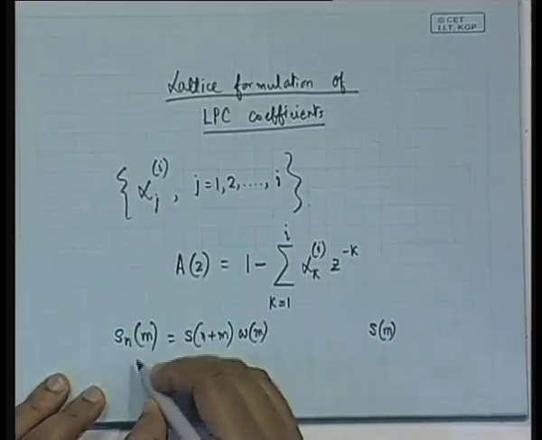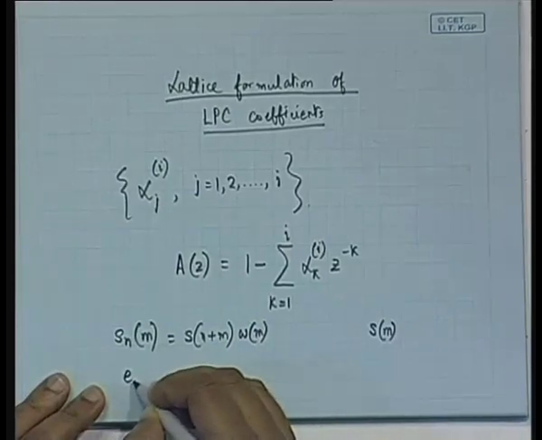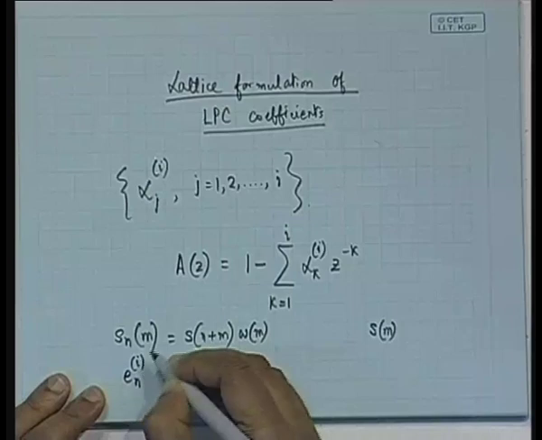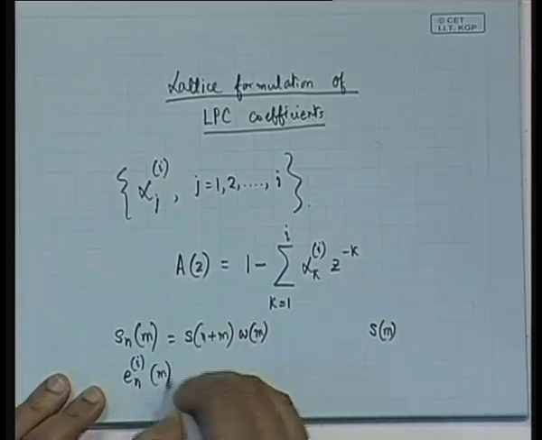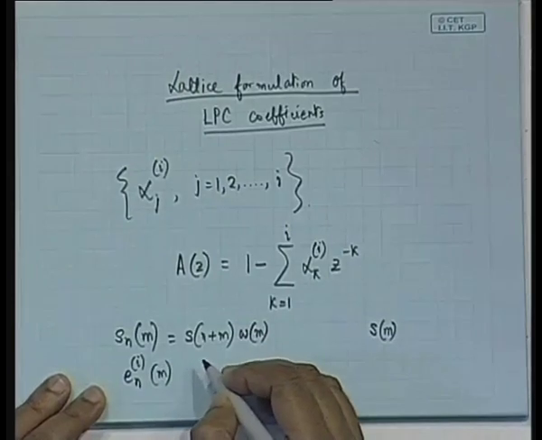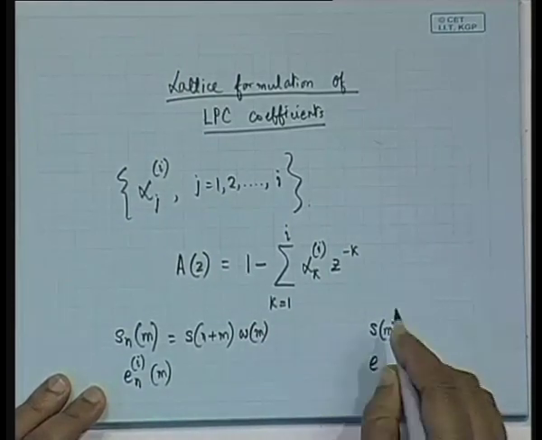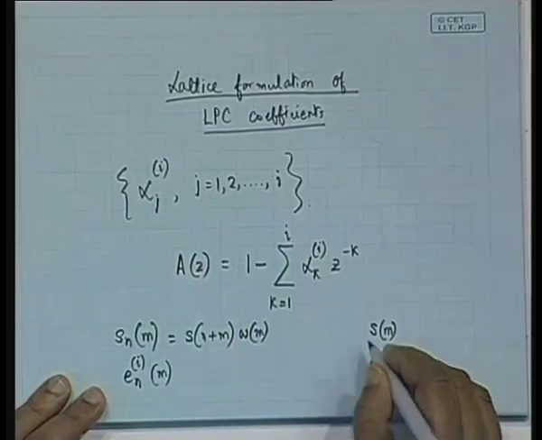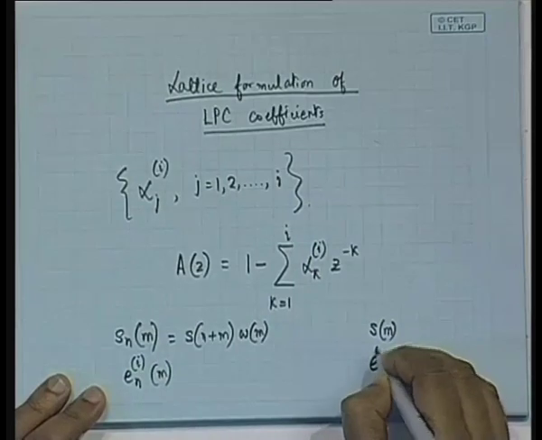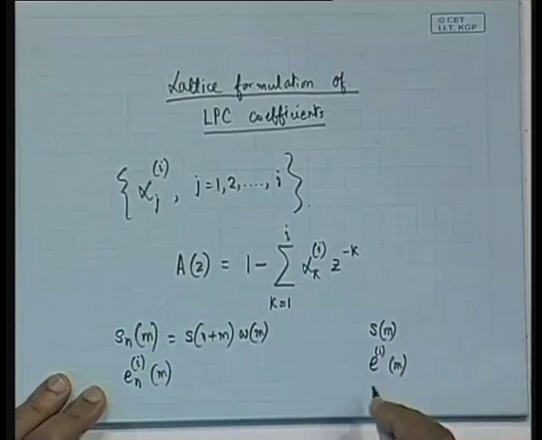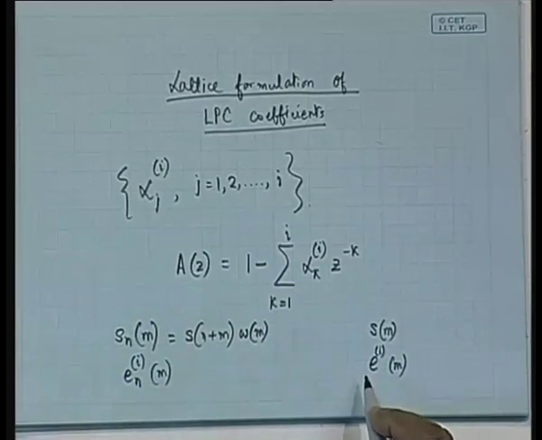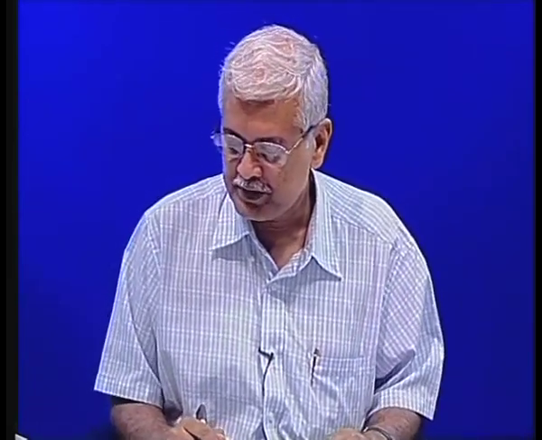In fact, the prediction error we normally write as e_n^(i)(m), and for simplicity we drop the subscript n and simply write it as e^(i)(m), which will be the ith prediction error. Whenever I write it with a superscript, it means the prediction error will be iterative. So the output of the filter will be the prediction error, and we write it like this.